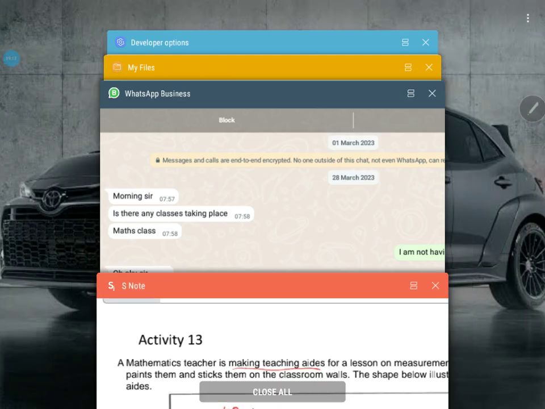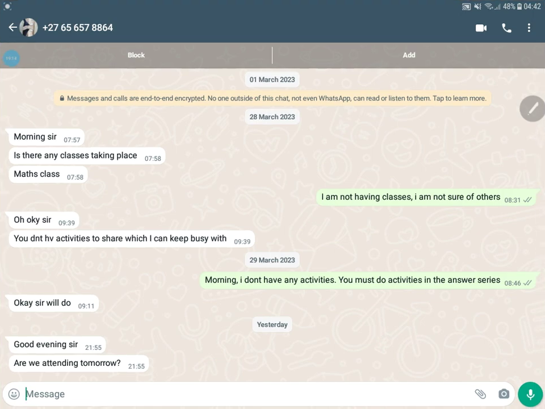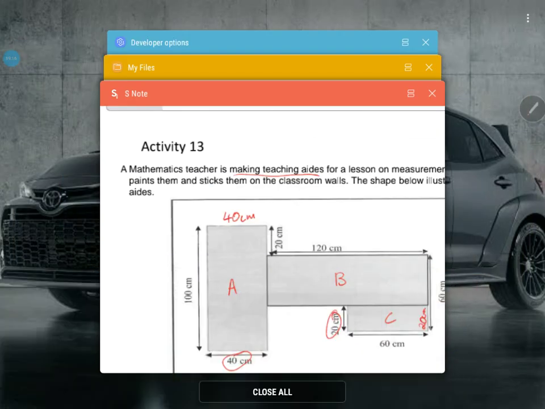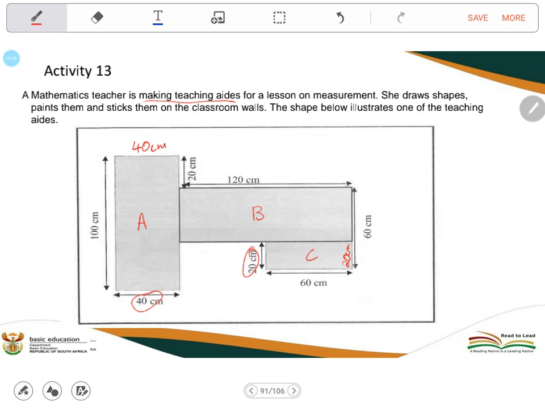Now this whole side here, sorry about that, I didn't need to come out that one. If we have 20 centimeters this side and this side is 60 centimeters, then this one here will be 40 centimeters, and opposite this one will be 40 centimeters as well.